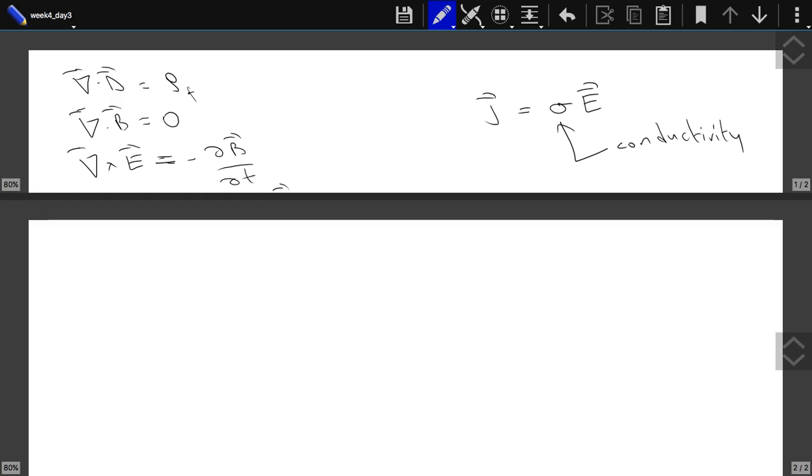Nevertheless, since there is a current and the current comes to this interface, the surface of the conductor, there is nowhere else it can go. So if the charges come to the surface, they will stay there. So on the surface, we can still have some surface charge density.